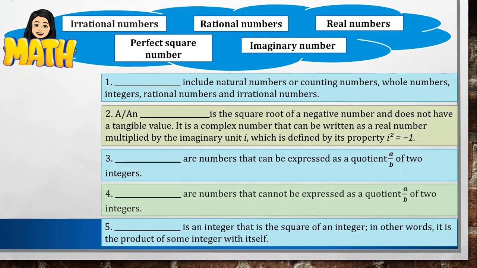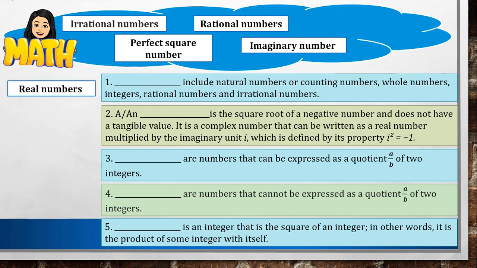Number 1. Blank include natural numbers or counting numbers, whole numbers, integers, rational numbers, and irrational numbers. The correct answer is real numbers. Next, number 2. A blank is the square root of a negative number and does not have a tangible value.